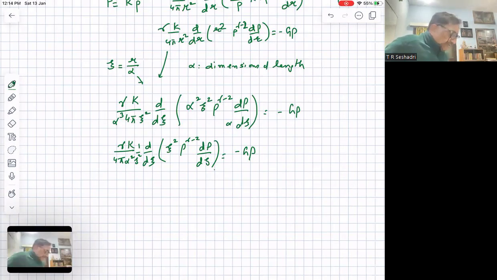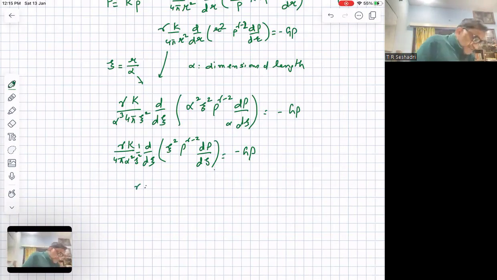Now, in order to simplify this further, I will reparameterize gamma in a particular way. Gamma I always want to be greater than 1. Gamma equal to 1 is the ideal gas situation.